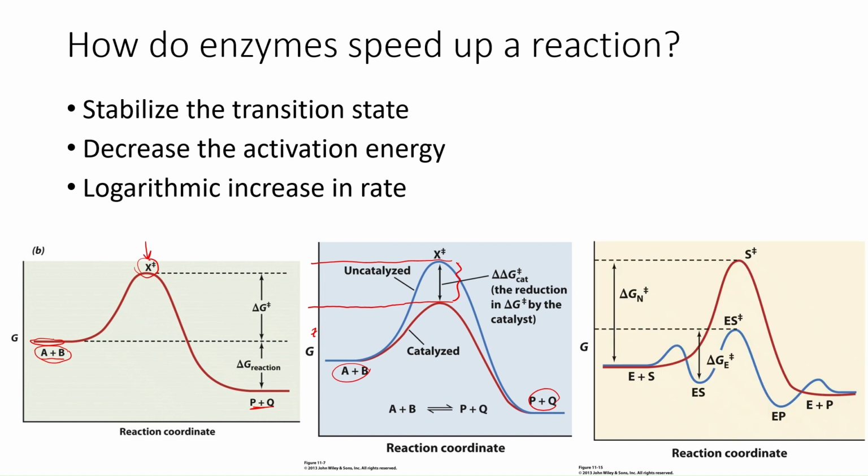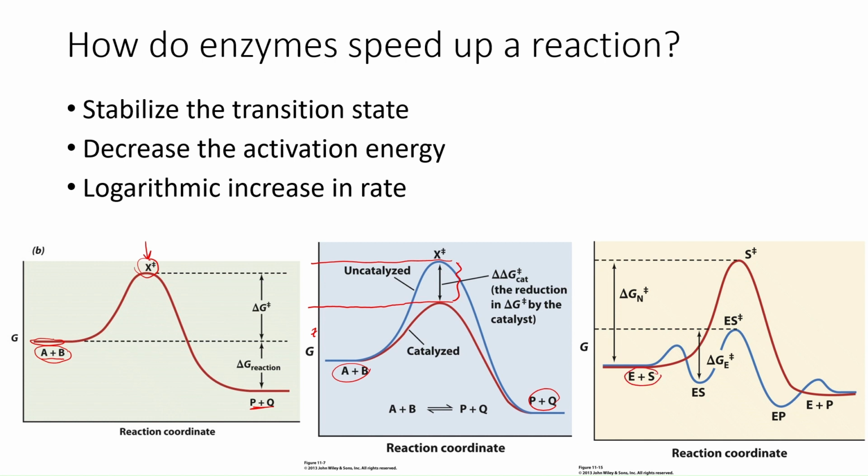If we're thinking specifically about catalysis using enzymes, we actually would resemble a little bit more this energy diagram on the right. The curve that's shown here in blue is what we are looking at. We're looking at an enzyme catalyzed reaction. So it starts out with our reactants. Here we have E for enzyme and S for substrate.